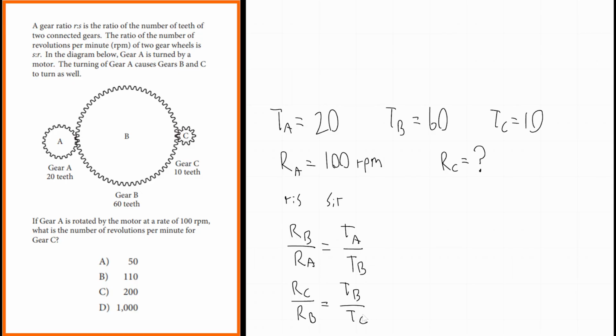And to show why that is, if this first equation, if we multiply both sides by RA, we would get RB equals TA over TB times RA. And for the second equation, we would get RC equals TB over TC times RB.